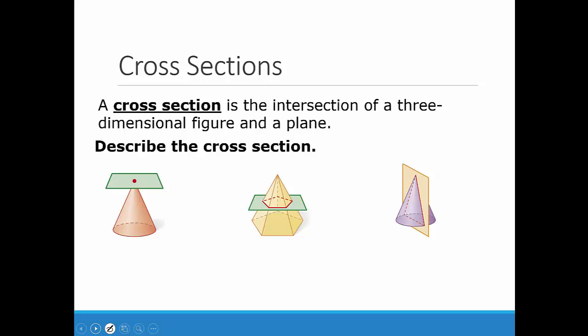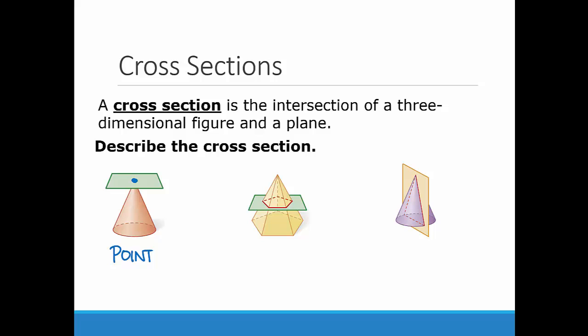Last thing, a cross-section is the intersection of a 3-dimensional figure and a plane. So describe the cross-section. So it's kind of like we sliced one of our solids up. So this right here, if we slice it right at the right time, we end up with just a point. That's our cross-section, just one point.